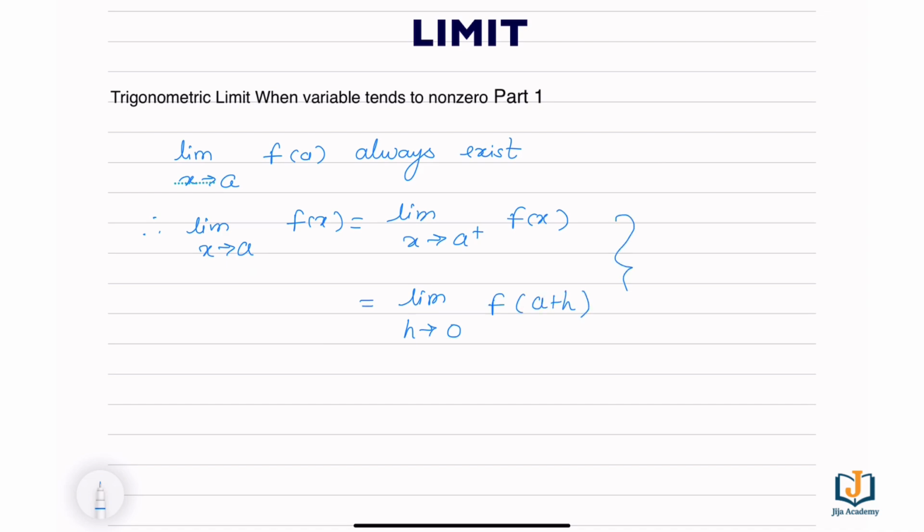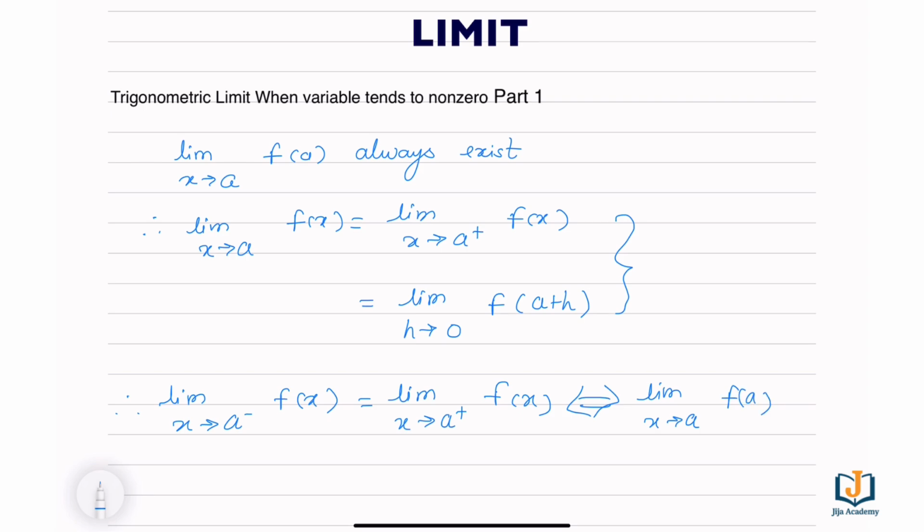This is the right hand side limit. So the left hand side limit of f of x is equal to the right hand side limit of f of x, which is equal to the limit as x tends to a of f of a, and we are using this in our problem.